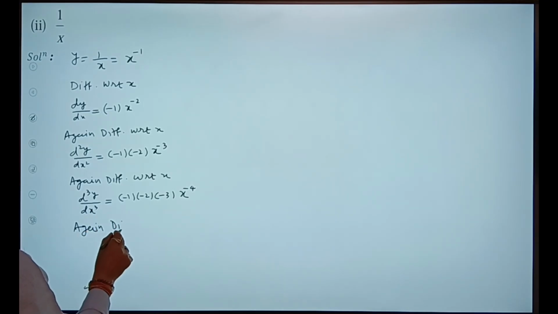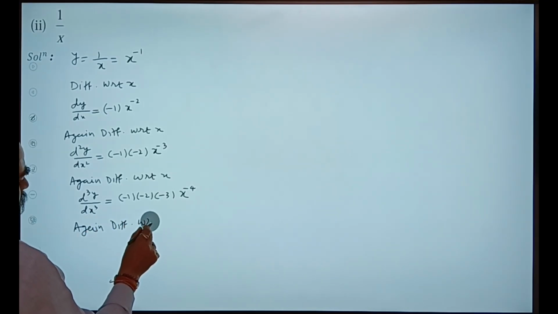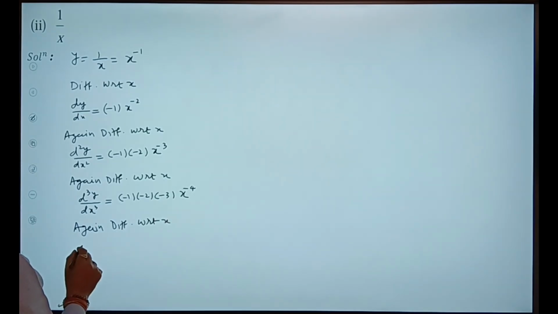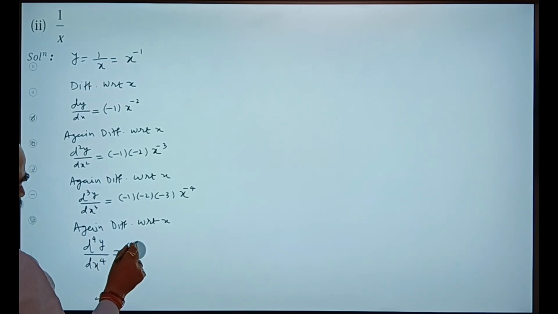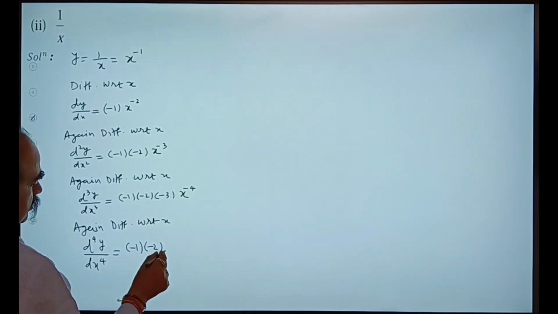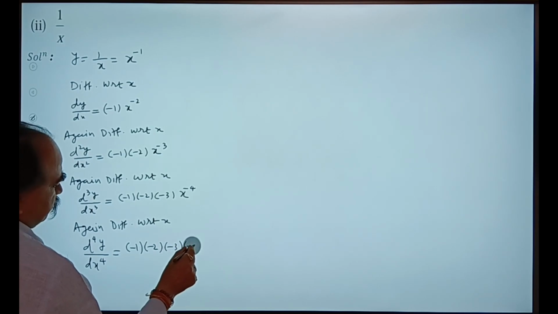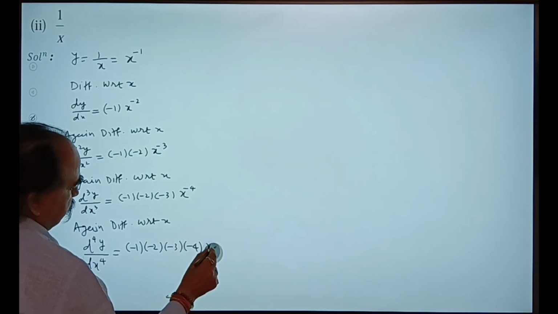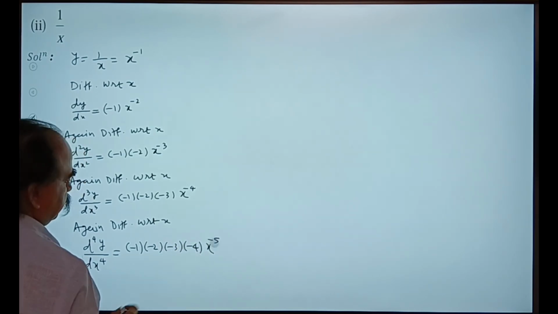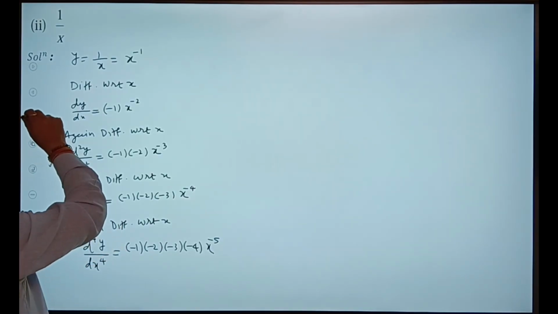Again, differentiating with respect to x, d4y by dx raised to 4 is minus 1 into minus 2 into minus 3 into minus 4 x raised to minus 5. Now let us generalize it.